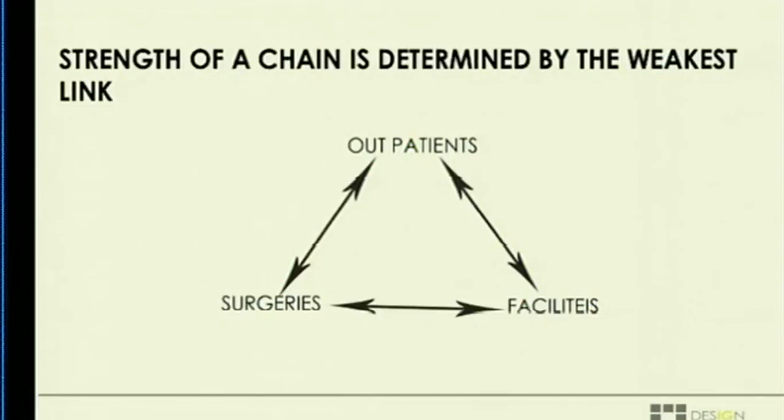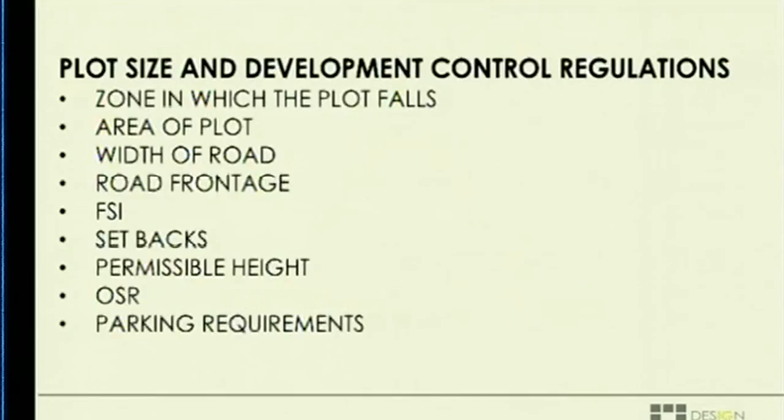How many outpatients you are going to see depends on what facility you are going to build, and that determines how many surgeries you can perform. To perform the surgeries, you need so many operation theaters. You can't go by one parameter. You have to understand the whole package of the infrastructure when you are designing your hospital.